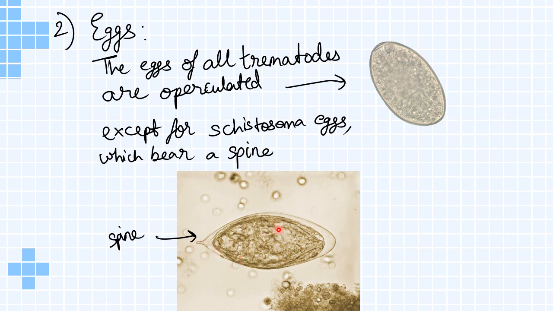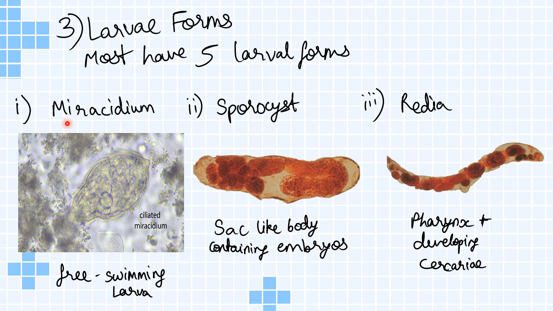To understand their life cycles, we first need to understand their larval stages. The first larval stage is Miracidium, which is a free-swimming larva, as you can see in this picture. The second stage happens in snails, which is known as Sporocyst. It has a sac-like body containing embryos. The third stage is Redia.